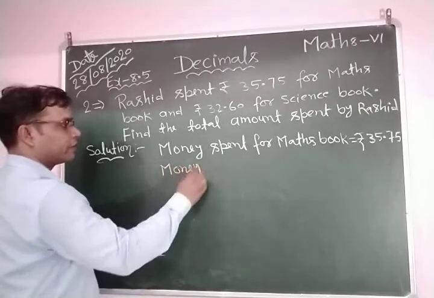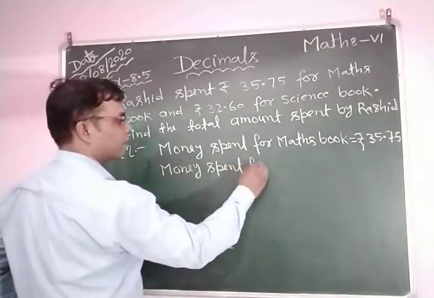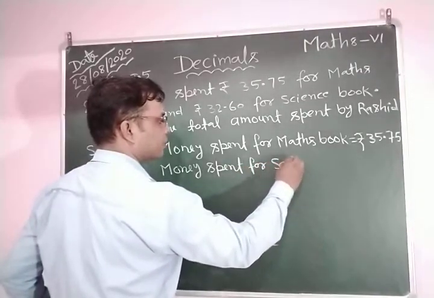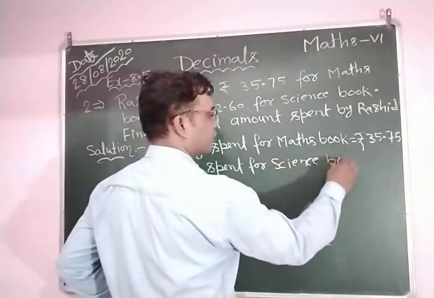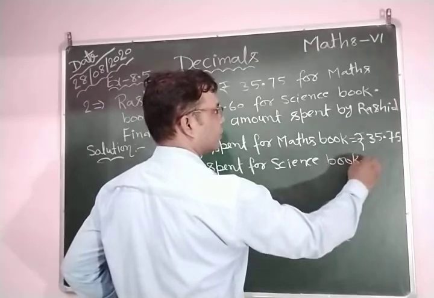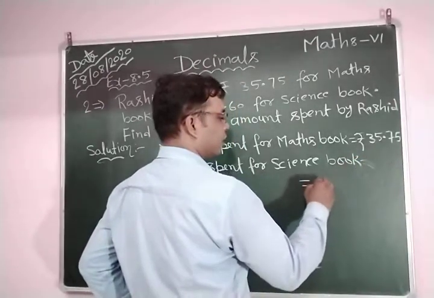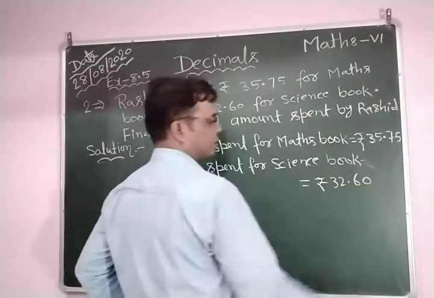Money spent for science book is equal to rupees 32.60.